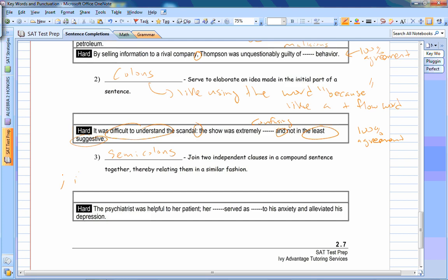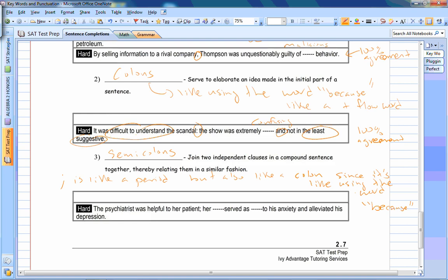A semicolon is also like a period, but also like a colon, since it's like using the word because. So again, we have complete agreement between two parts of the sentence.